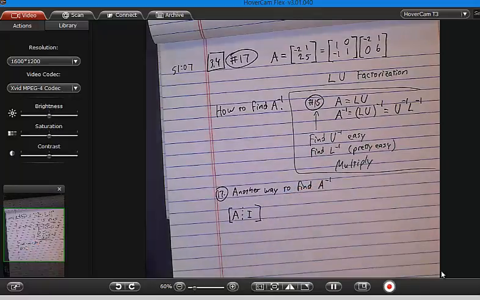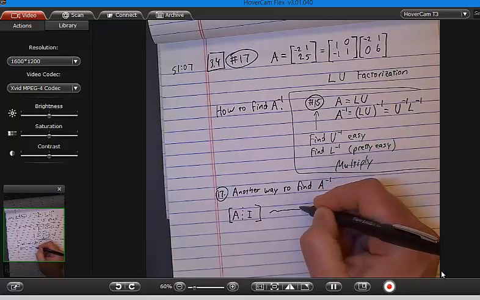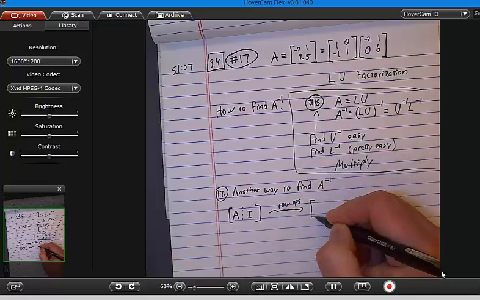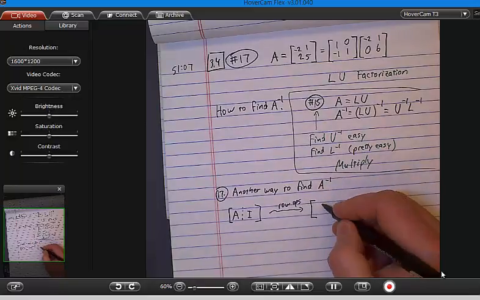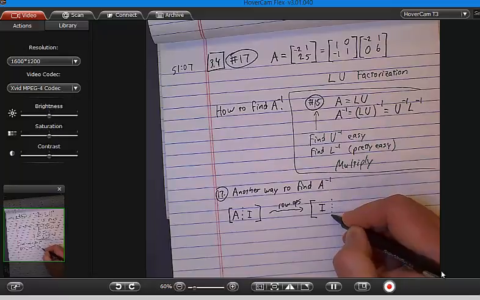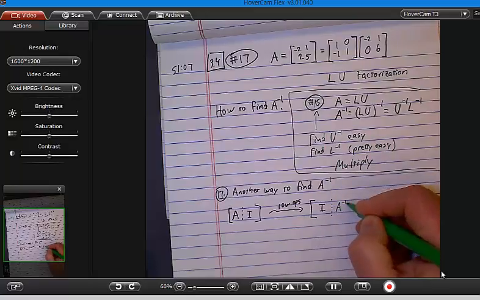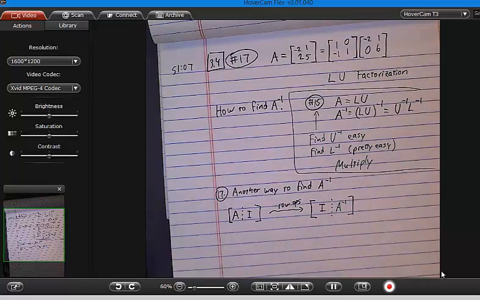You guys remember doing this? And what you do is you do a bunch of row operations until what happens? You get the identity on this side, and then what magically shows up? Well, we said it's not magic, and we showed why. A inverse, right? So we showed this already.